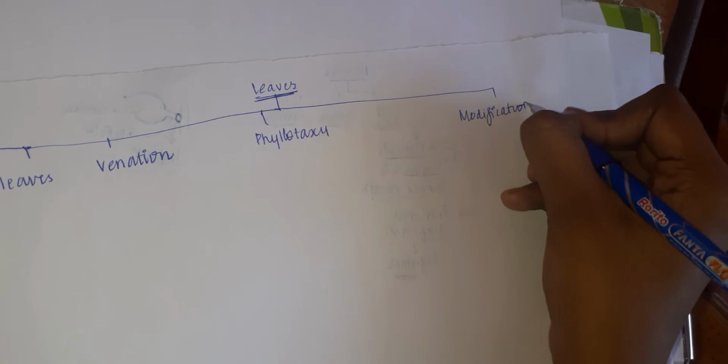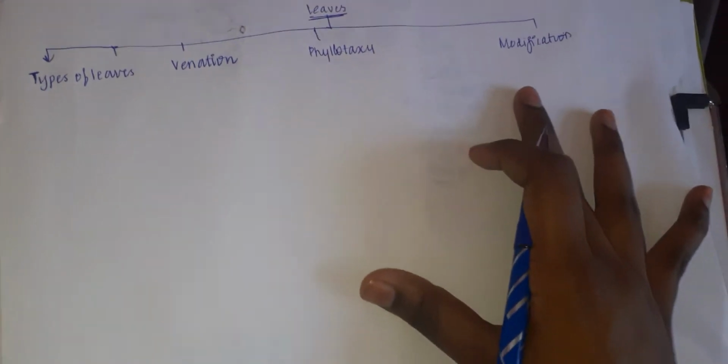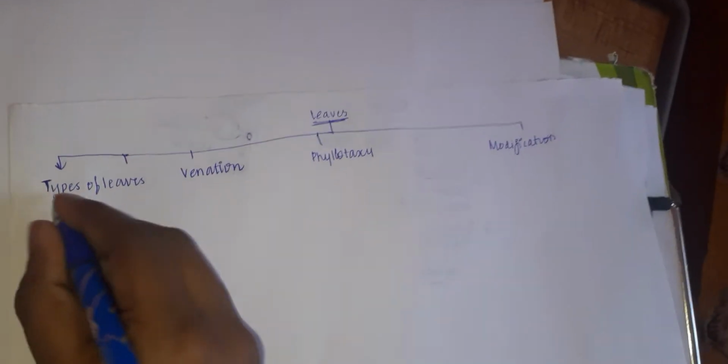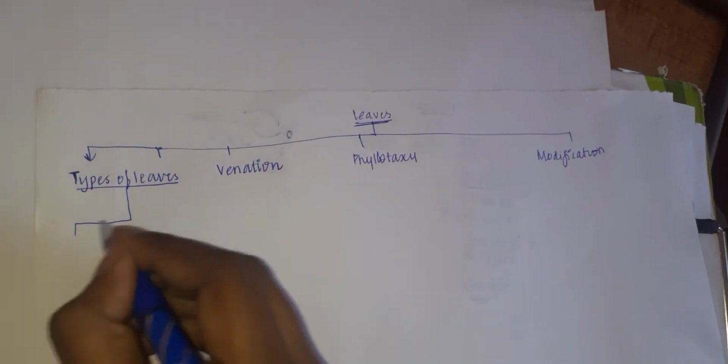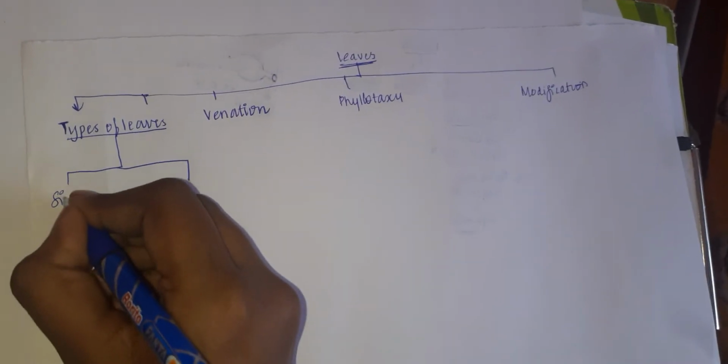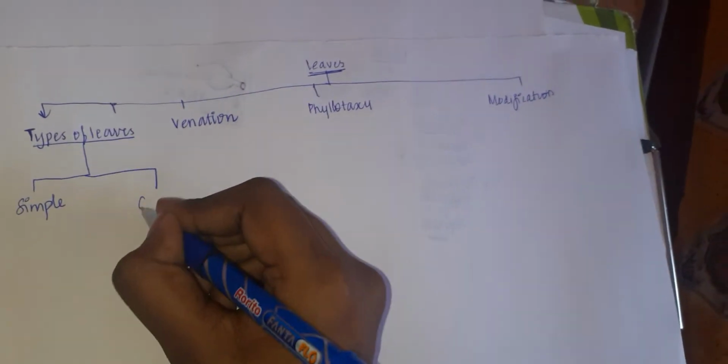That's it, which is a huge thing for you to remember. It's easy now. So types of leaf. There are two types of leaf: simple and compound.